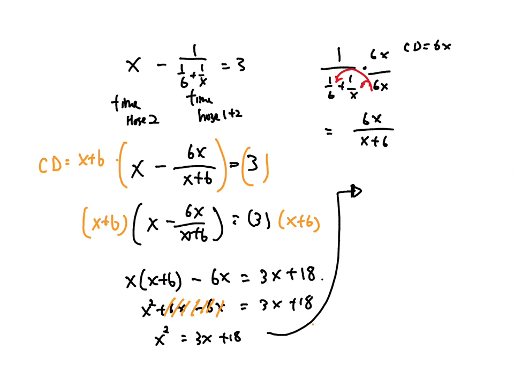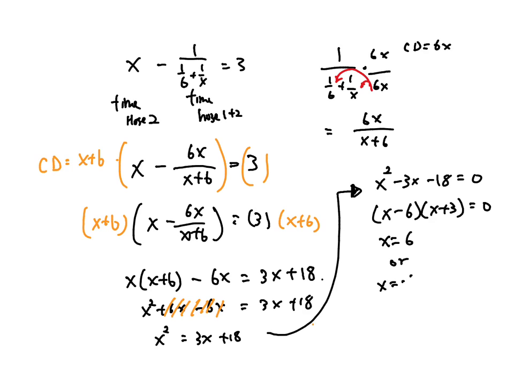Set it equal to 0. x squared minus 3x minus 18 equals 0. This is factorable. x minus 6, x plus 3 equals 0. So this means x either equal to 6 or x equal negative 3.